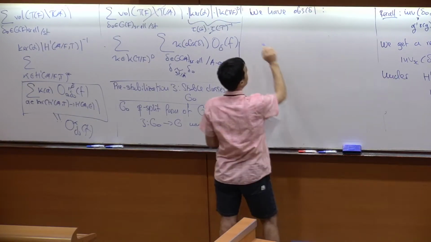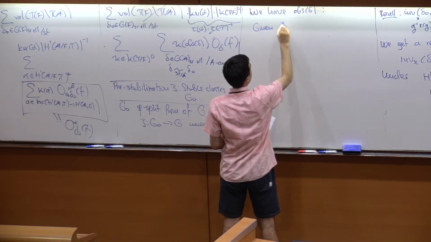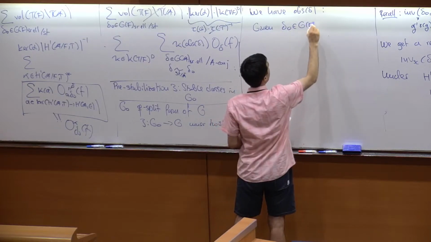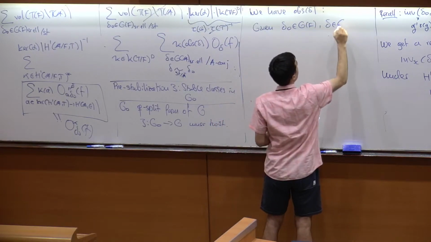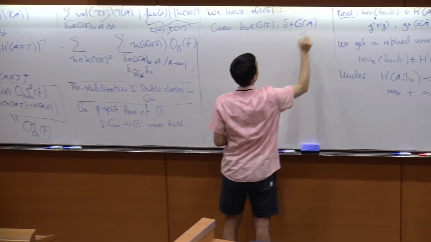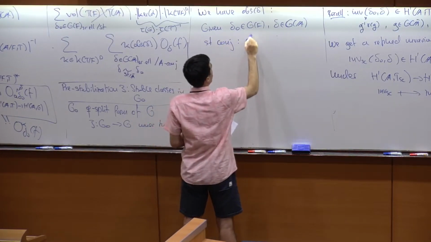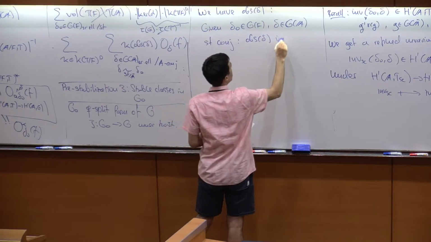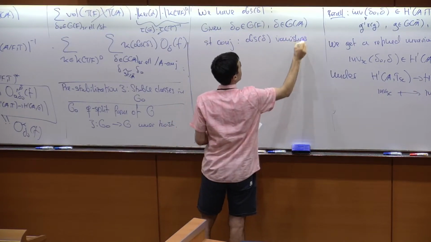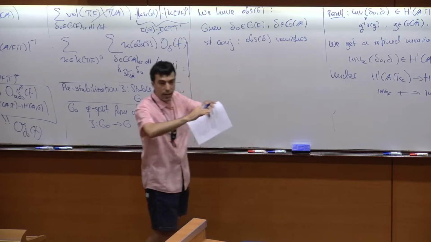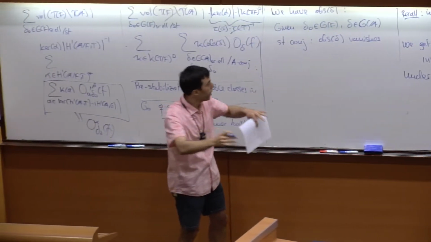What does it measure? Given delta 0 in G of F and delta in G of A, stably conjugate, the obstruction to delta vanishes. I'm just reformulating the exact sequence A, B, C and its meaning.